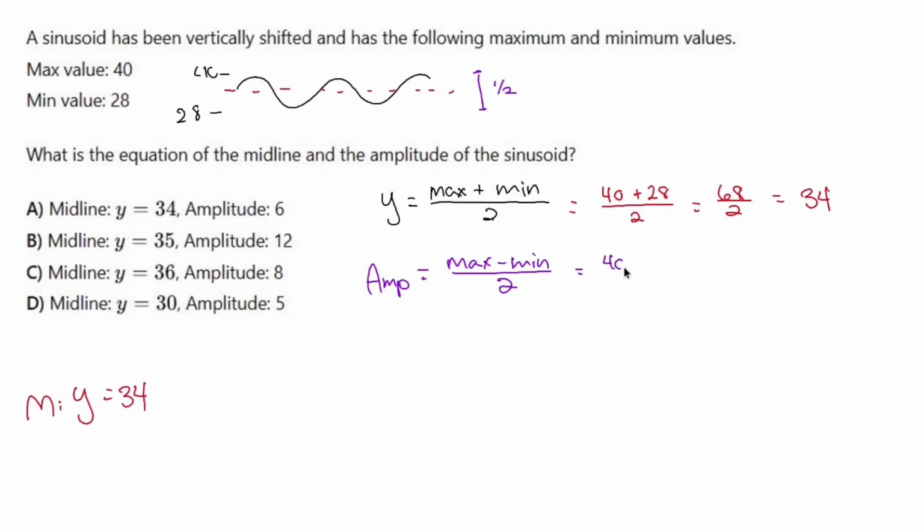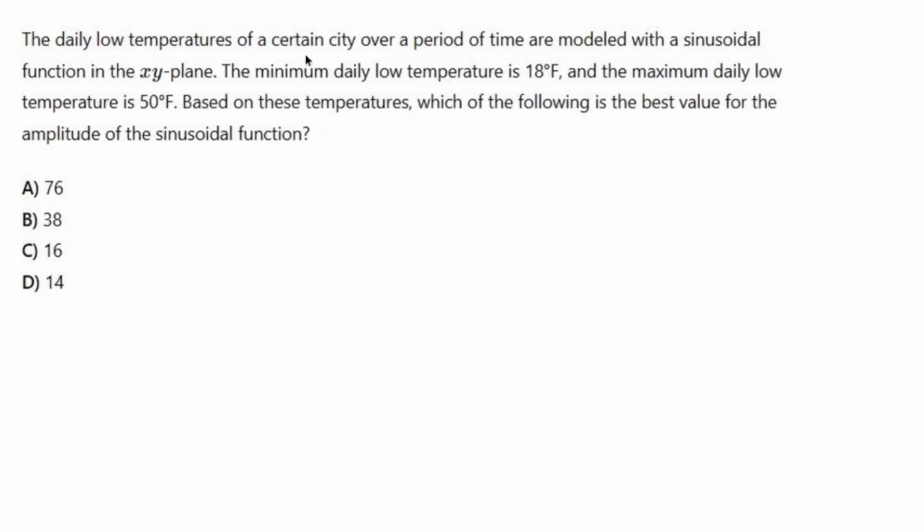So 40 minus 28 all over 2 is 12 over 2, which is 6. And so my amplitude is a height of 6. So midline is y equals 34, amplitude is 6. The answer is A.